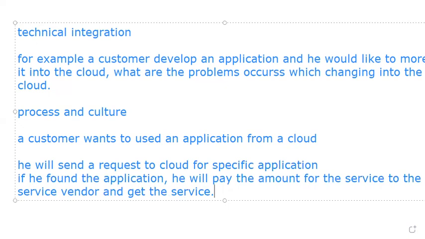If a person wants to take the service, first we will look for the different vendors providing the services. Then what will he do? He will select the vendor, pay the amount to the vendor and take the service from the vendor.